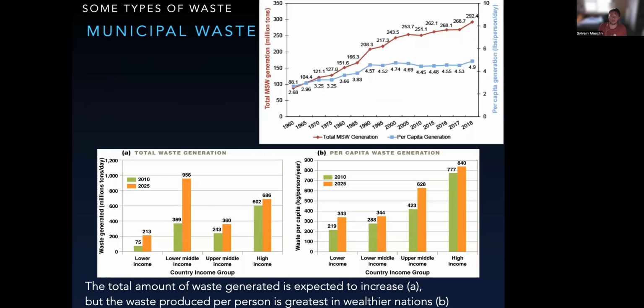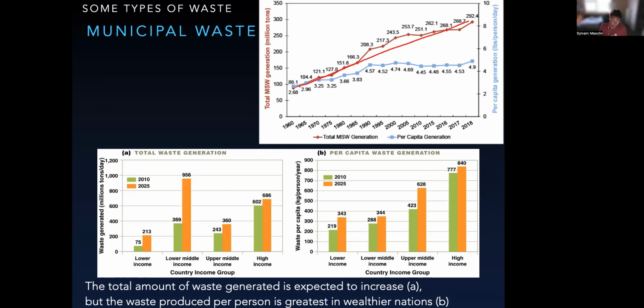If we look at this information right here, we can see that in the US, the production of waste has constantly increased. We mostly are able to draw a straight line. However, what we can see is at least a good point.